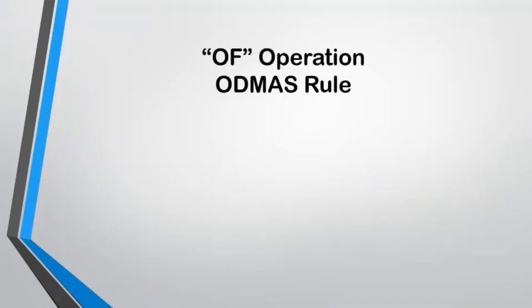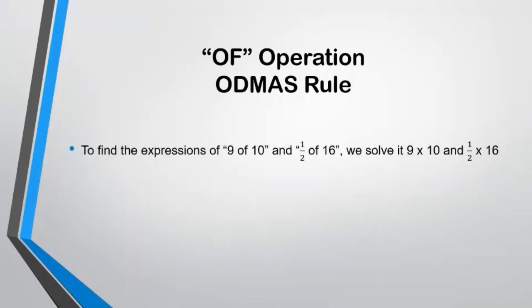Now, we will learn about the OF operation, which makes the rule ODMAS. To find the expressions of 9 of 10 and 1 by 2 of 16, we will solve it as 9 of 10 into 9 into 10 and 1 by 2 of 16 into 1 by 2 into 16.